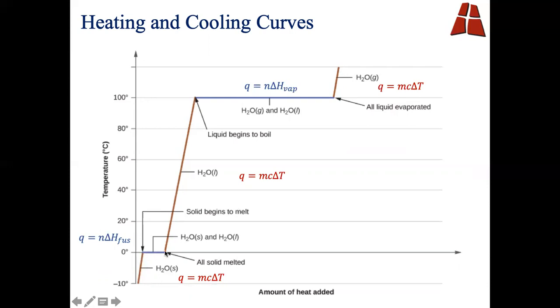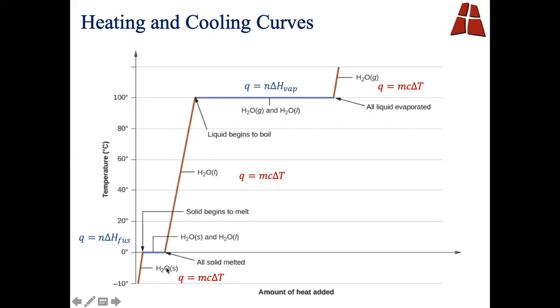Then when we get to this blue line, our ice is going to start to melt. While the ice is melting, it's not going to change temperature, which is our y-axis here. Instead, the energy being put in as heat will be breaking those intermolecular bonds and phase transitioning from a solid to a liquid.